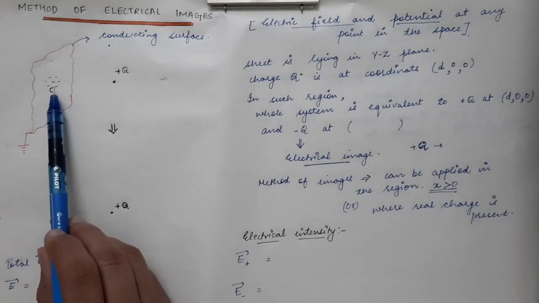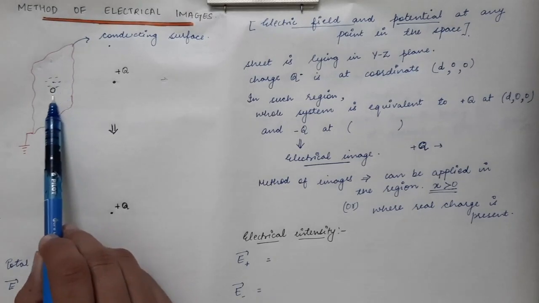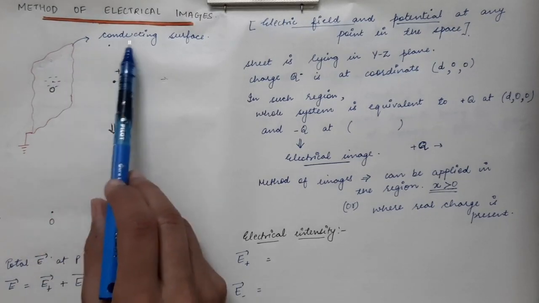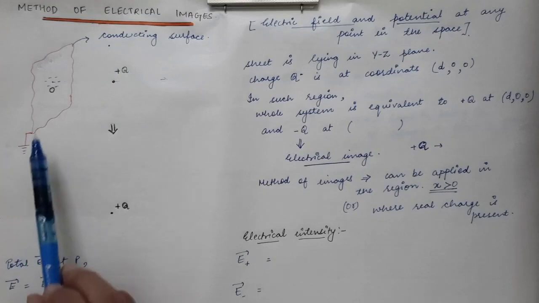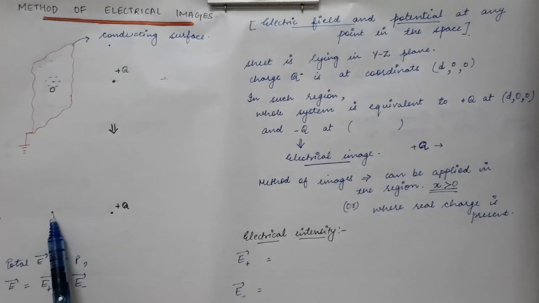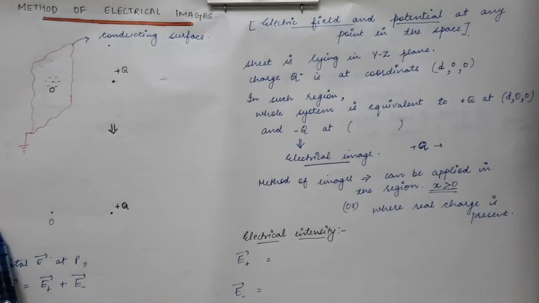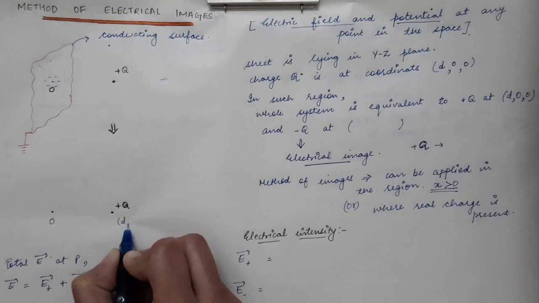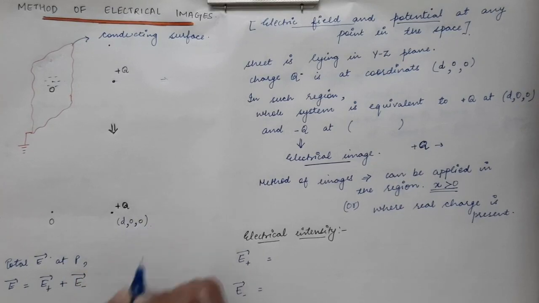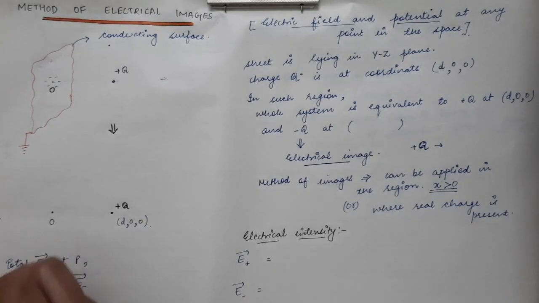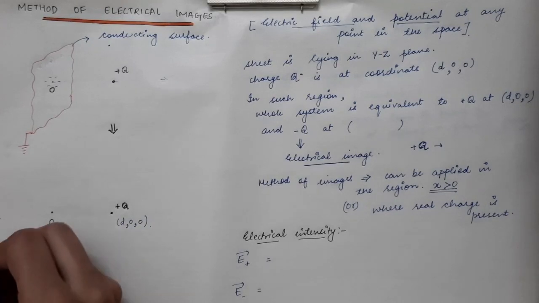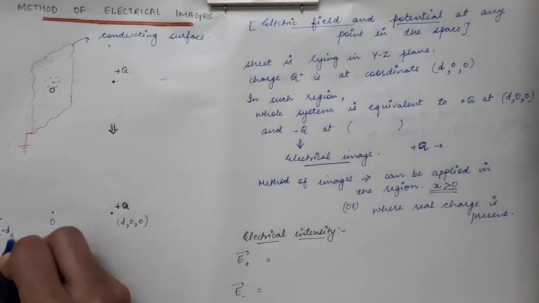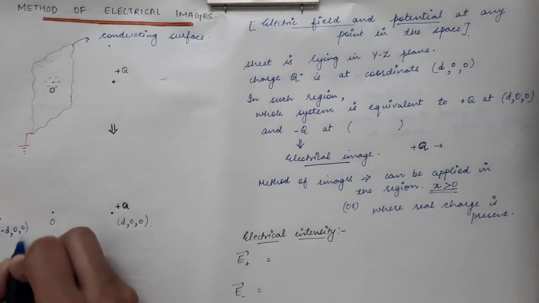The minus q charge which was induced on some area of the conducting surface must be placed at equal and opposite distance from the plus q charge. So if the coordinates of plus q charge were d, 0, 0, now the coordinates of minus q charge are minus d, 0, 0.